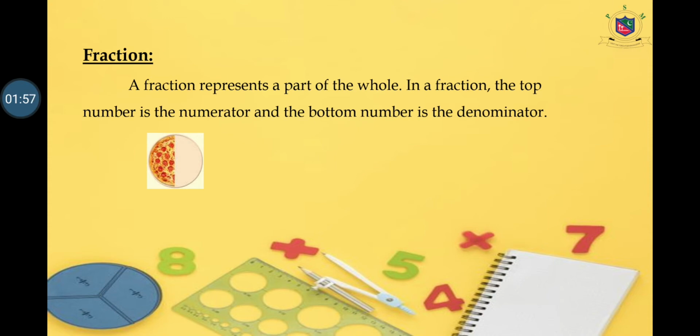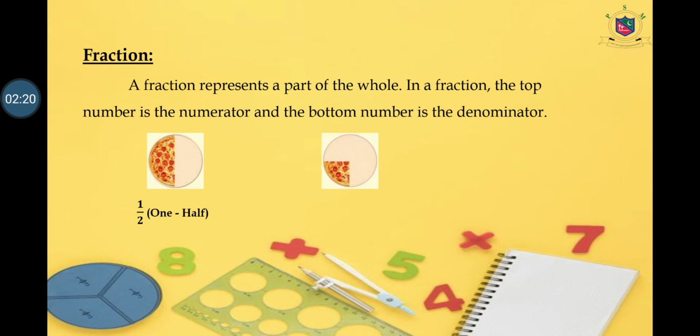As you can see in the picture of pizza on your screen, here we have divided it into two parts. Half the pizza we have eaten, so the selected part is half, and we can call it the half fraction.